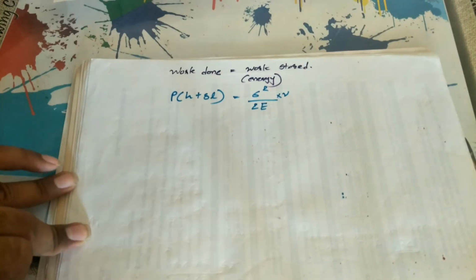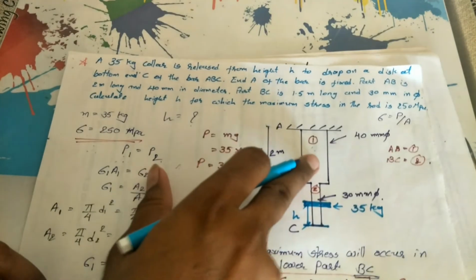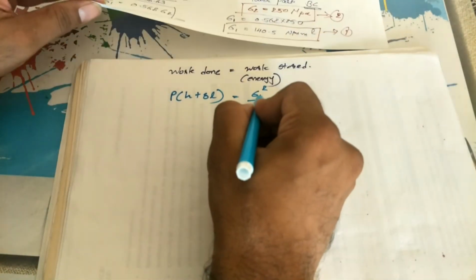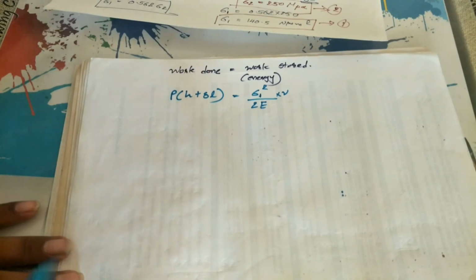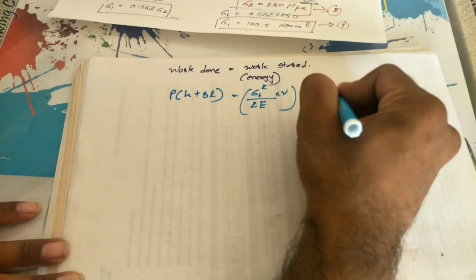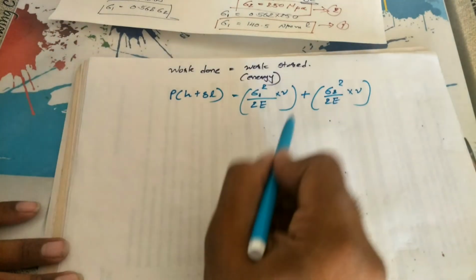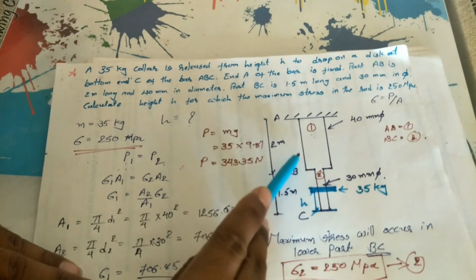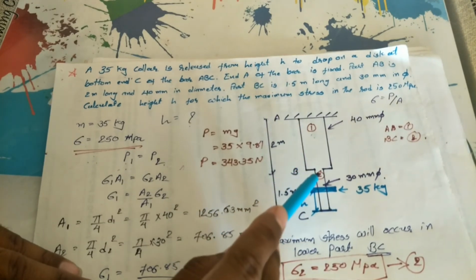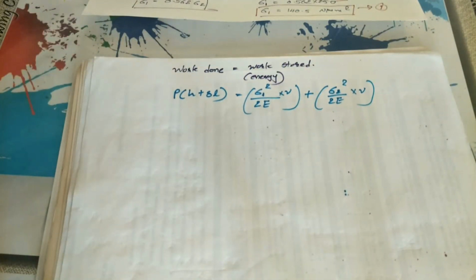This is the formula of your strain energy, but here we have two portions, portion 1 and portion 2. So here sigma 1 square divided by twice E into V plus sigma 2 square divided by twice E into V. Why do we need to write this? Because there is a variation in your diameter. So because of that reason only we have to add this second portion, or you can say divide both parts.